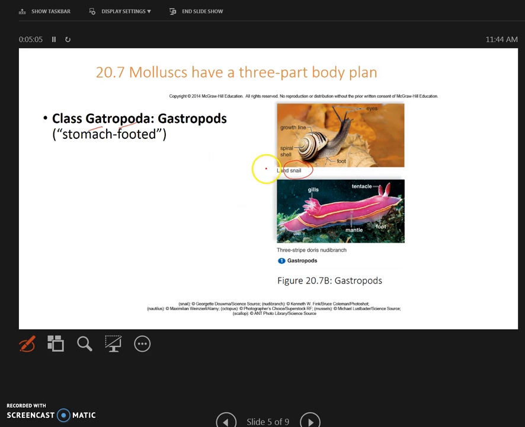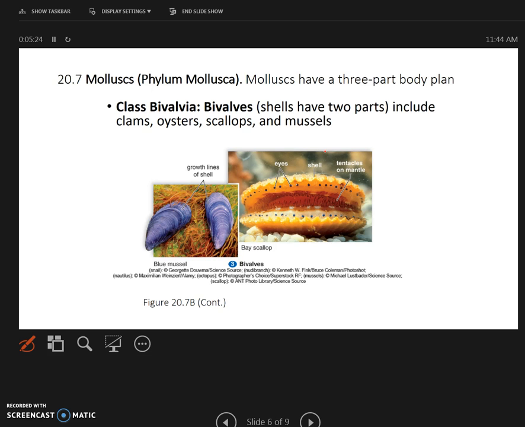These are the snails, the gastropods, and these include the snails as well as the nudibranchs, because they don't have a shell. The animal moves by the muscle contraction that passes along its ventrally flat foot. So here's the foot, as you can see, it's a very flat foot. The next one, bivalvia. Bi means two. So the shells obviously have two parts, and this includes the clams, the oysters, the scallops, the mussels. Clam is of course a filter feeder.